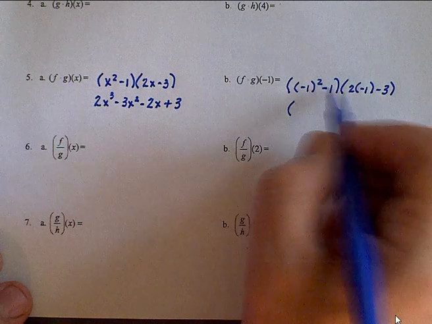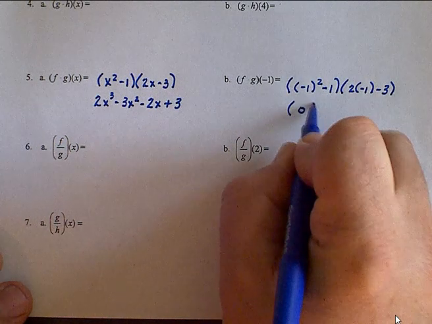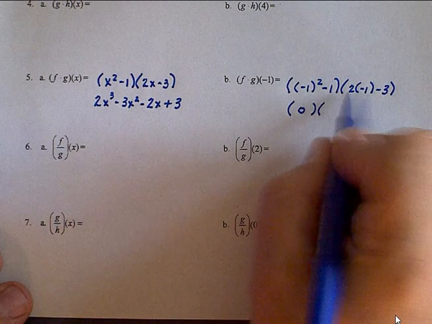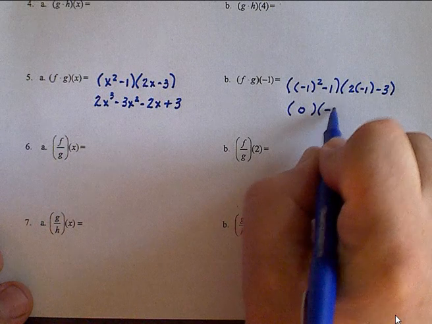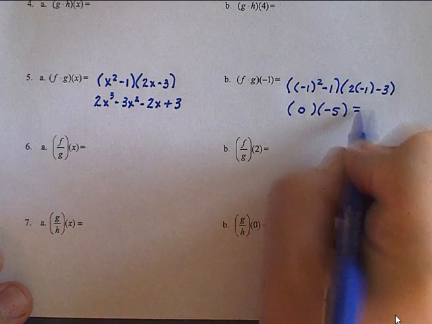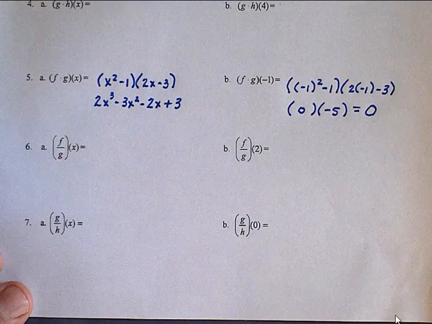Positive 1 minus 1 is 0. This is negative 2. 2 times negative 1 is negative 2, minus 3 is negative 5. Looks like you're going to get 0 out of that result.